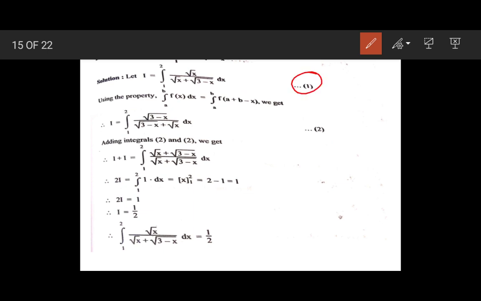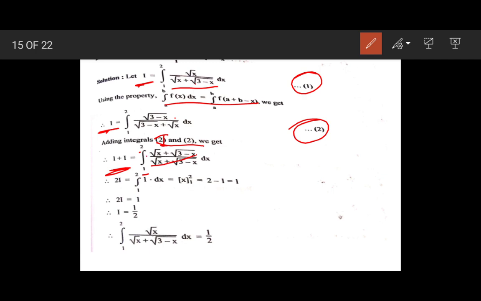This is equation 1, and after using this property we get equation 2. By adding equations 1 and 2, the left hand side is I plus I, since in both equations the left hand side is I. That is equal to integral 1 to 2 of root x plus root 3 minus x upon root x plus root 3 minus x.